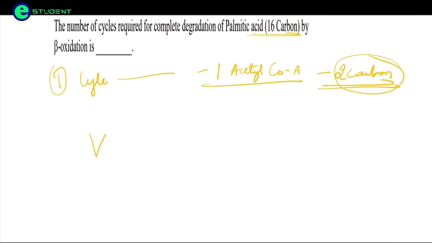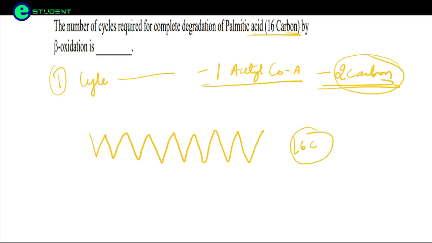So 1, 2, 3, 4, 5, 6, 7, 8, 9, 10, 11, 12, 13, 14, 15, 16. So this is a 16 carbon palmitic acid. So this is 1 carbon and this is 2 carbon, 4, 5, 6, 7, 8, 9, 10, 11, 12. Okay, so in each cycle, just 2 carbons are removed.